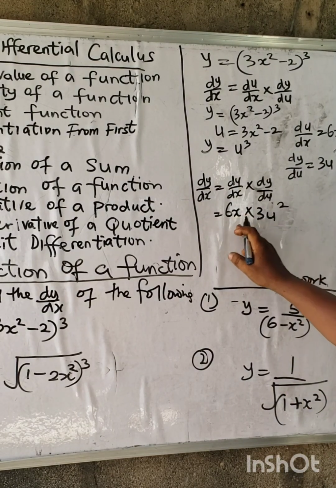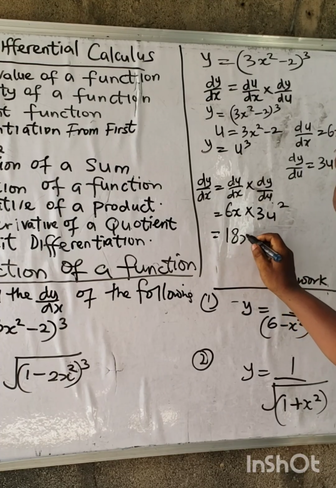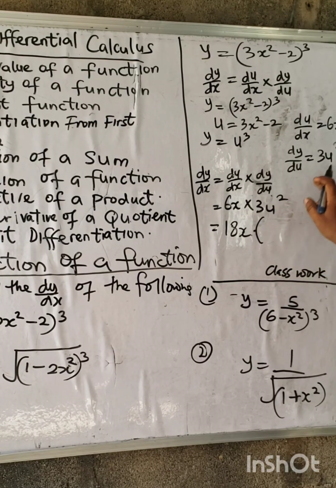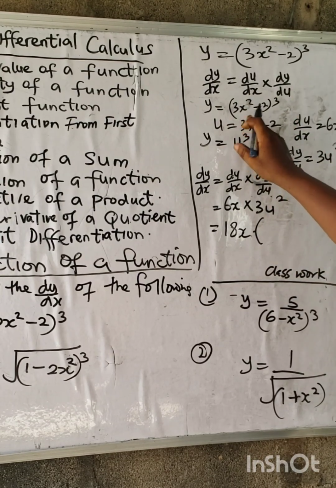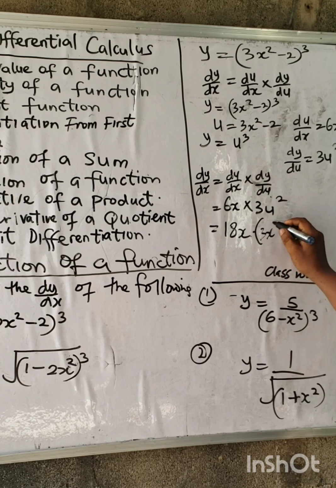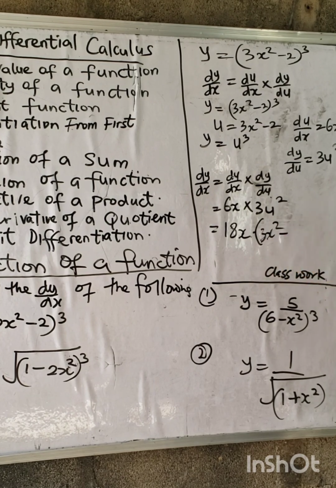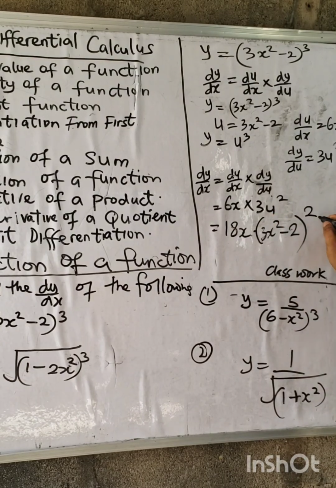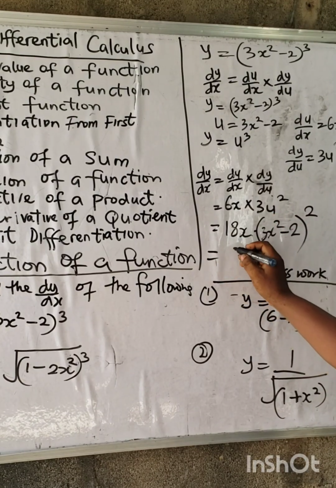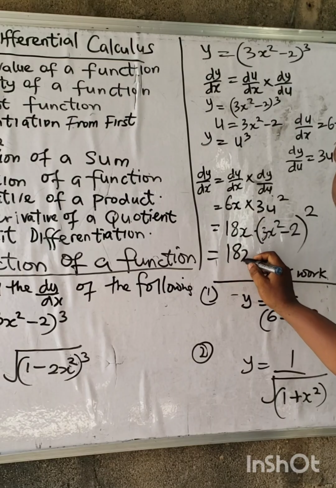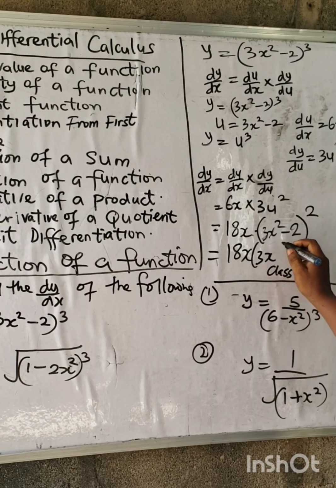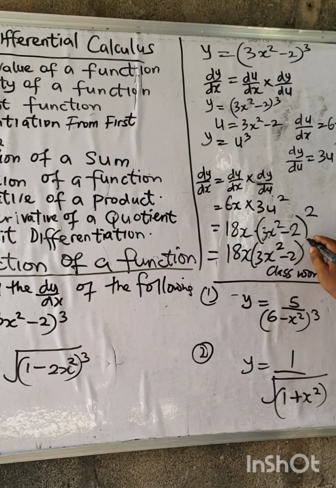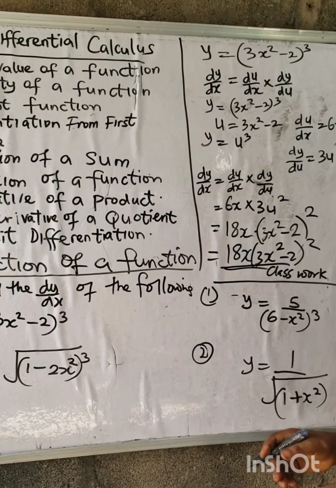Now, 6s times 3, we are having 18s multiplied by u. The original u is 3s squared minus 2, and remember, our u is raised to power 2. Therefore, our final answer is 18s (3s squared minus 2) raised to power 2. This is our final answer.